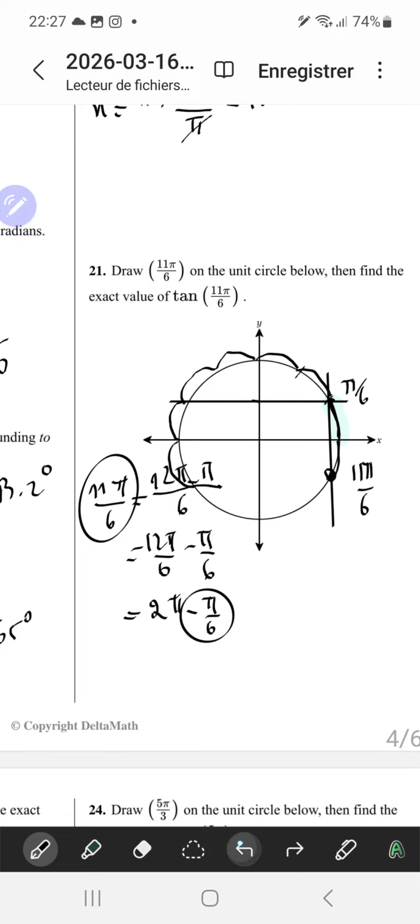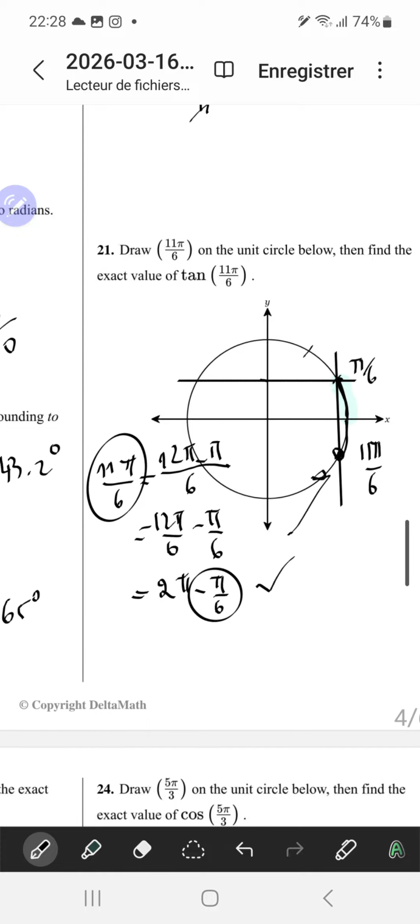Okay, so it's correct. You can also say that we can minus. Yes, it's 2 pi. No, it's exactly this. I wanted to give you another trick, but just keep it like this. So it is this point, and we draw it.